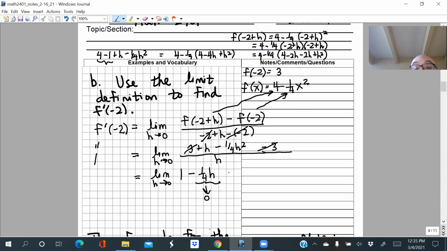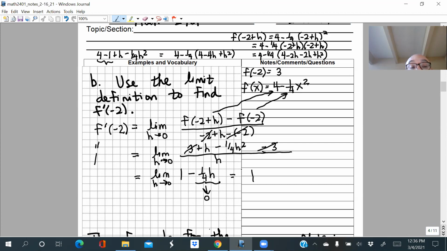So altogether, what happens then? You're just left with 1, exactly. That's what we're trying to think about: we're just going to be left with the 1 because this part is getting very, very close to 0.